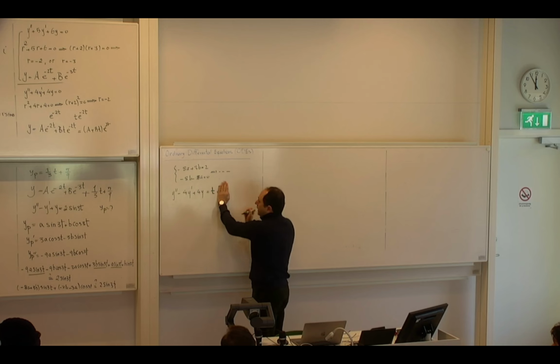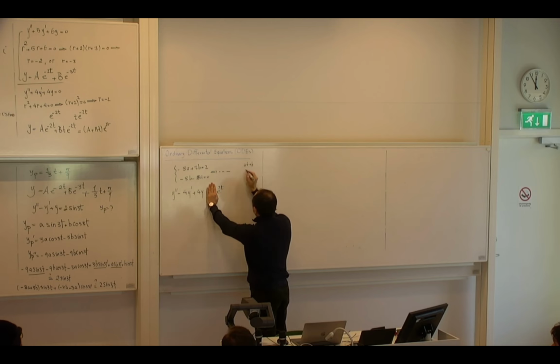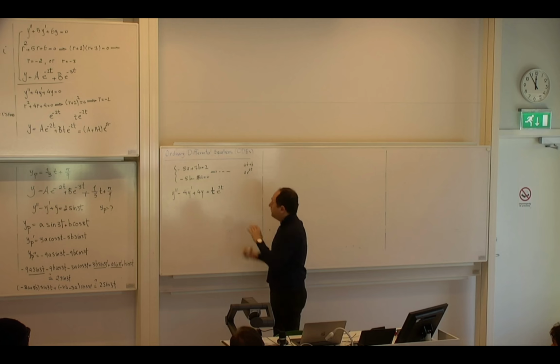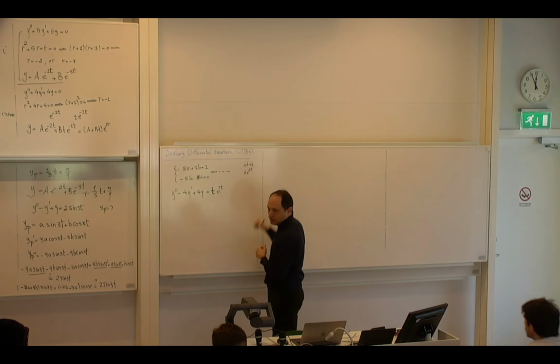So if you have this one alone, your guess is at plus b. If this is alone, your guess is a e to power 2t. So what I am telling you, here you have the product of them. If you have the product of them, the educated guess will be the product of them. You need to understand that.